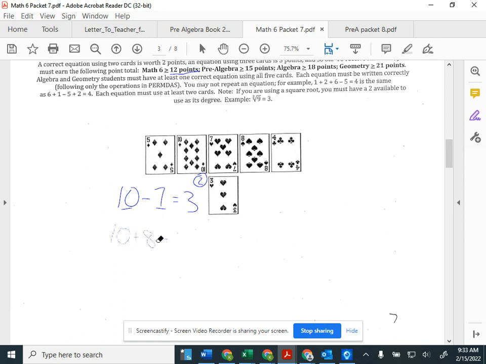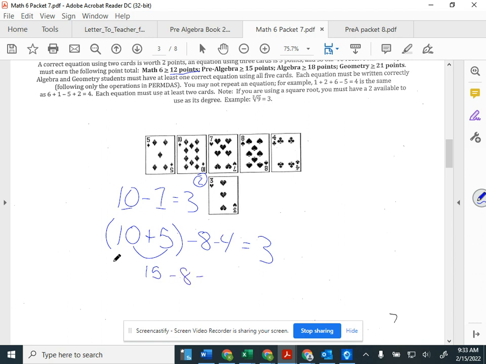Tristan W. 10 plus 5, in parentheses, minus 8 minus 4. You're saying that equals 3. Let's check. 10 plus 5 is 15.